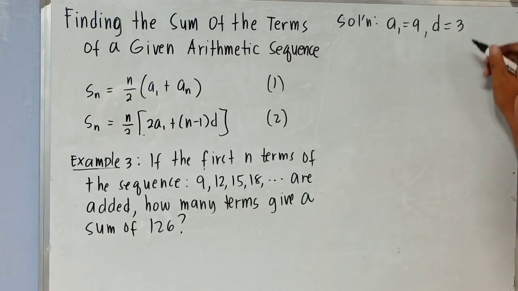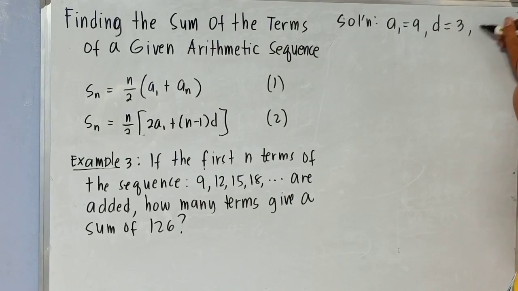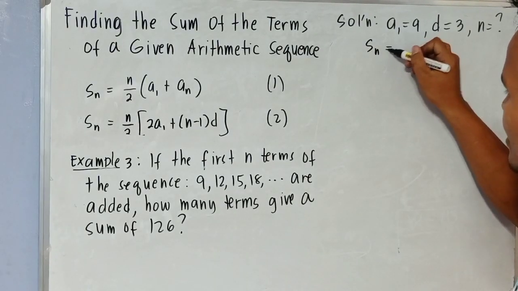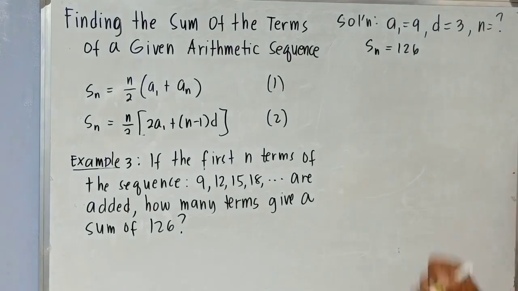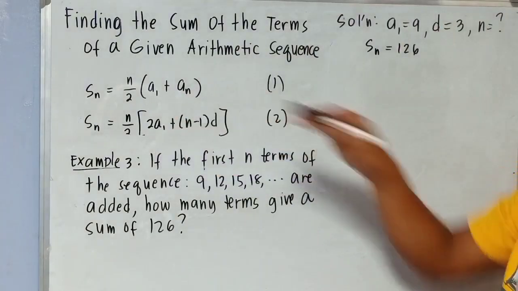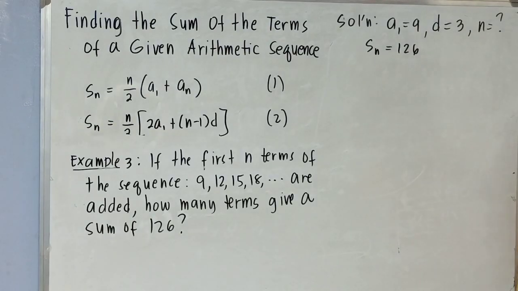The problem asks how many terms, so n is what we do not know, and the sum of these n terms is 126. Okay? So let us use the second formula because we don't have the last term.